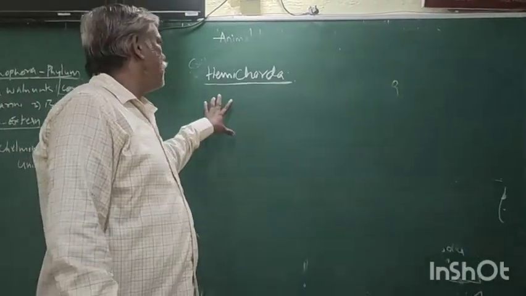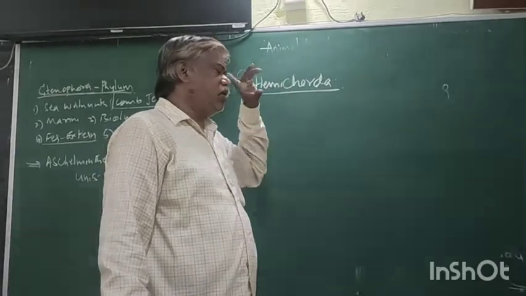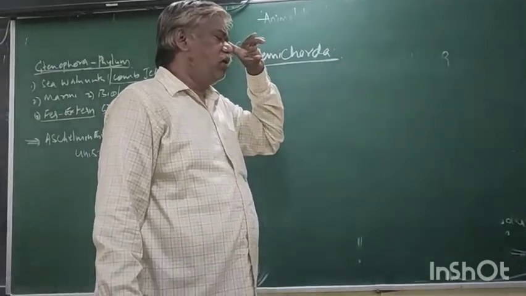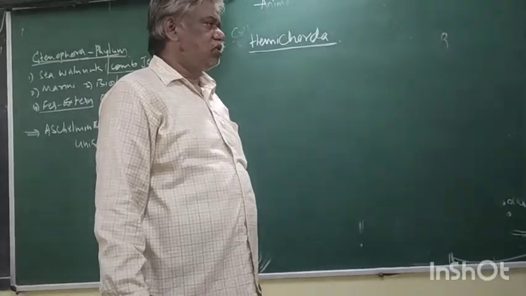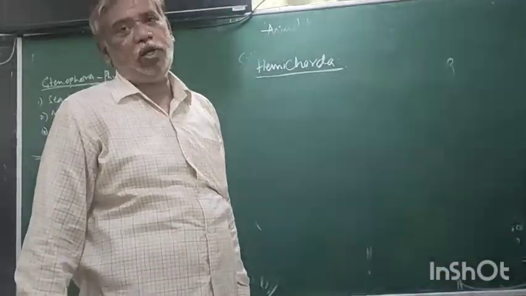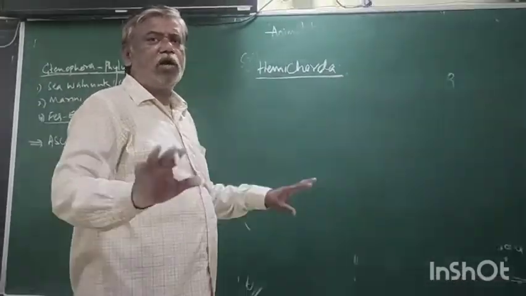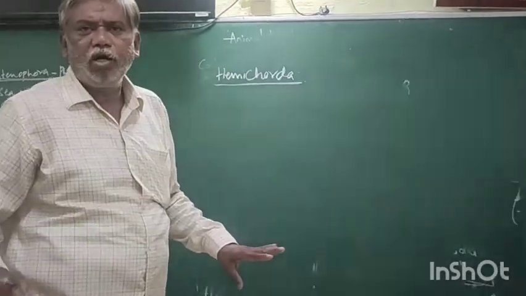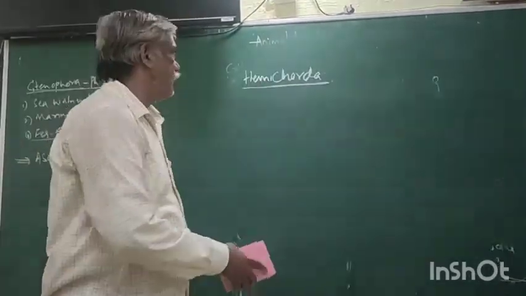What is the example of hemichordata? Balanoglossus is an example. Saccoglossus and Balanoglossus are examples for hemichordata. According to the syllabus, this is simple. Now, come to the most important one, chordata.